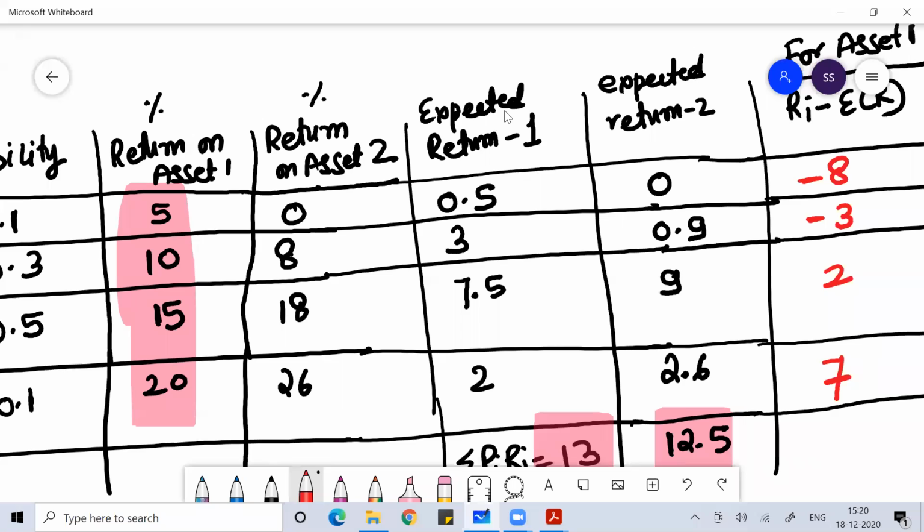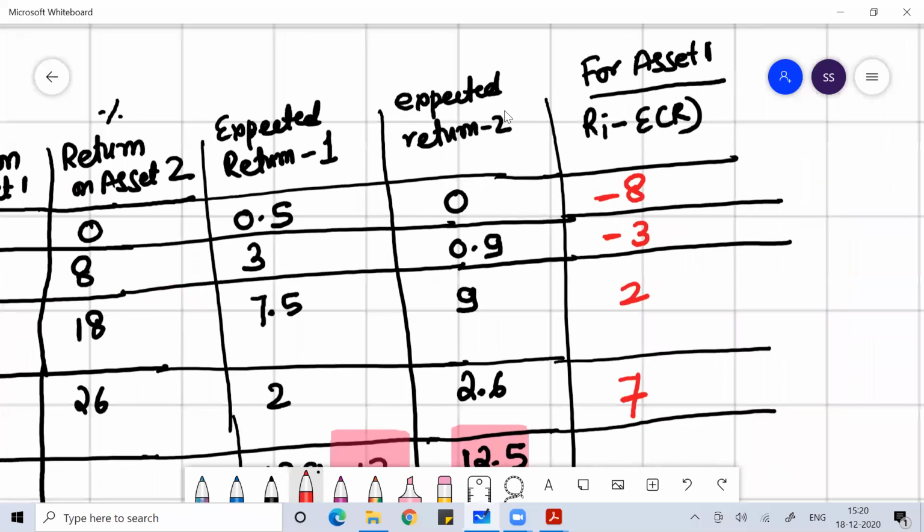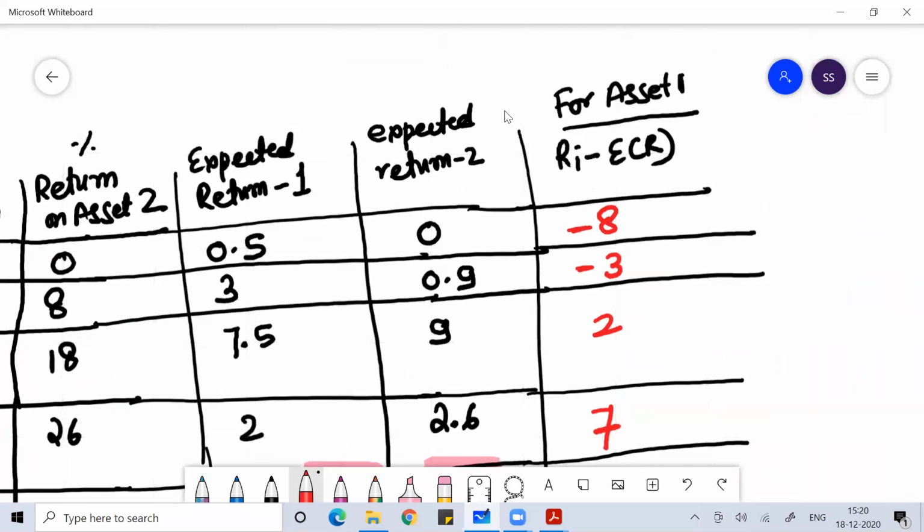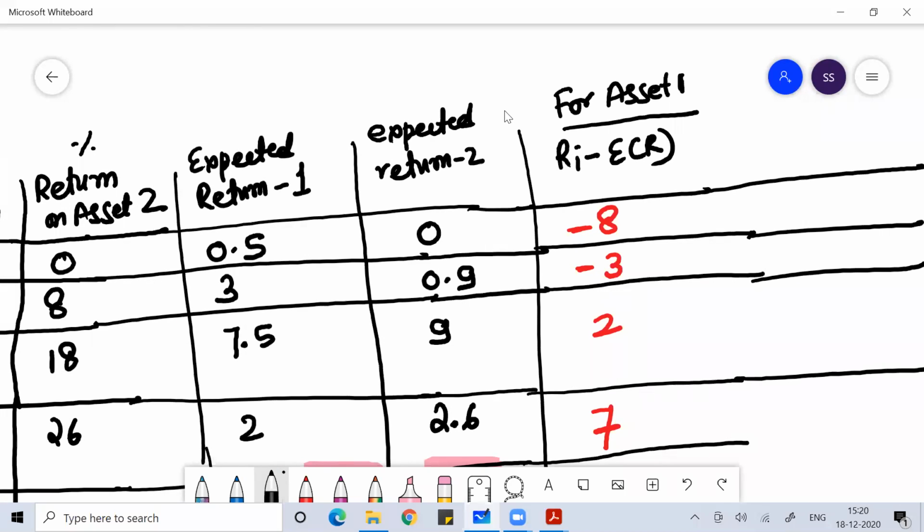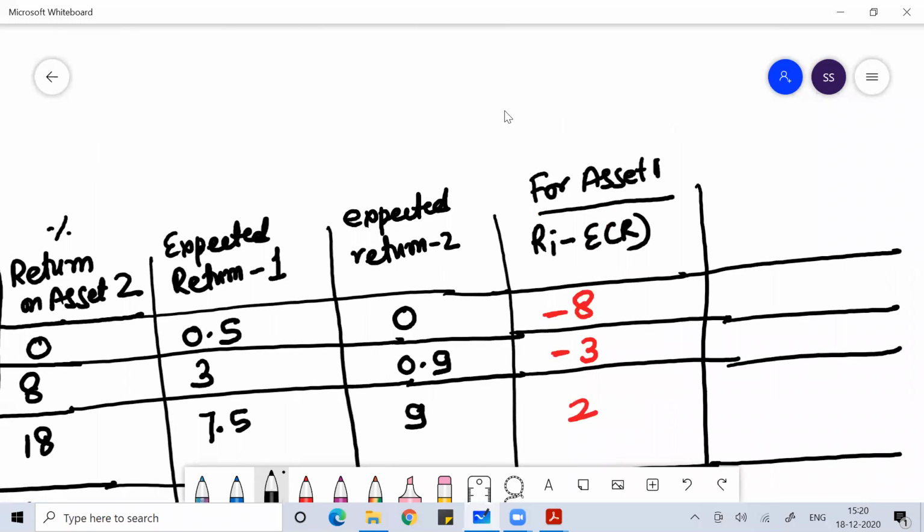Similarly, do for asset 2: find Ri minus ER.